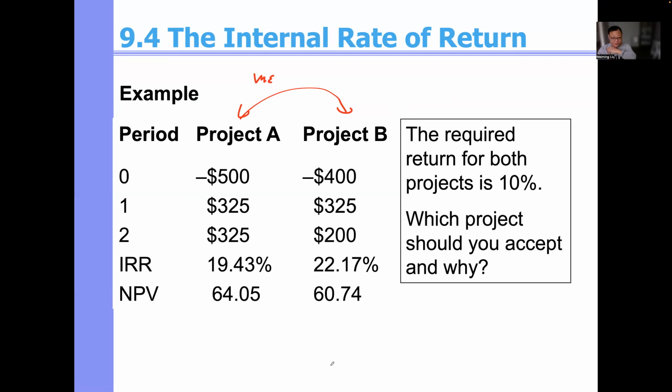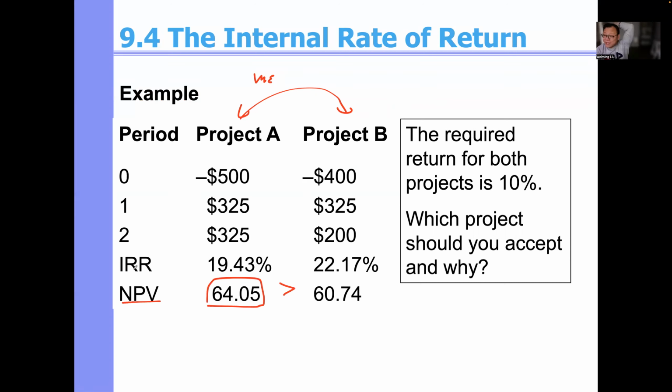Interesting is, if you use NPV, your project A is $64.05, which is more than project B. So by this logic, you are going to pick project A based on net present value, right?